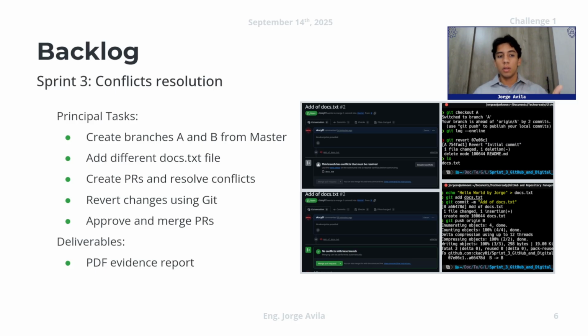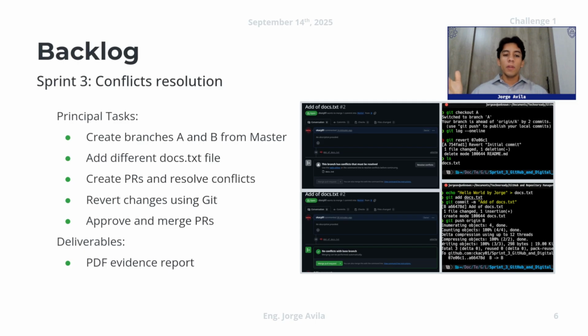Now here we have sprint 3. The principal objective was to resolve a conflict. To generate this conflict, I followed these principal tasks. Create branches A and B from master, add different text files in each branch with different contexts, create a PR to the master branch from each of branches A and B, and resolve the conflicts.